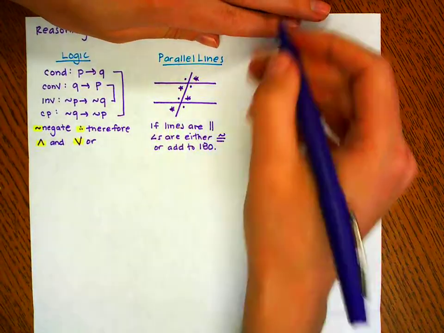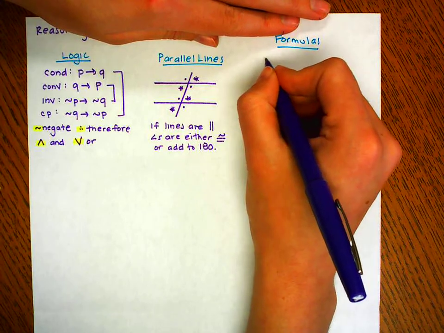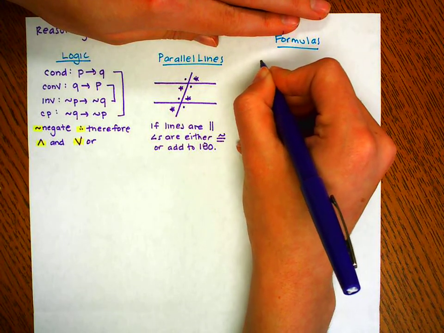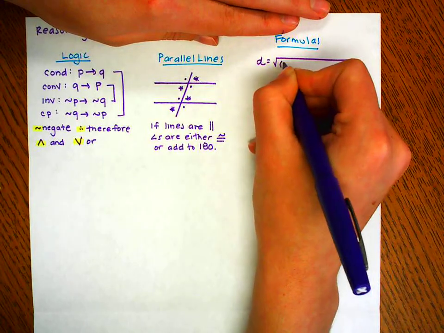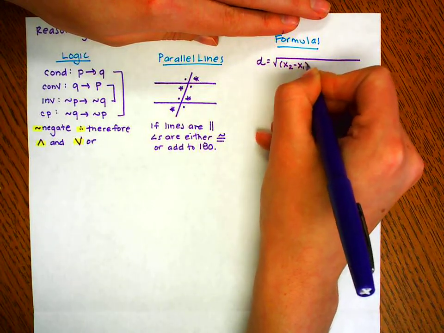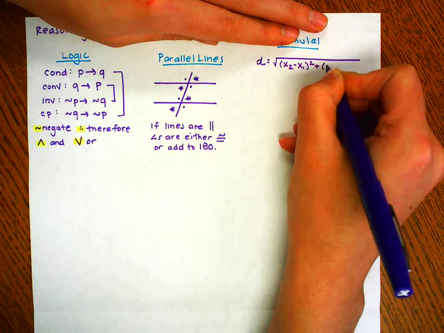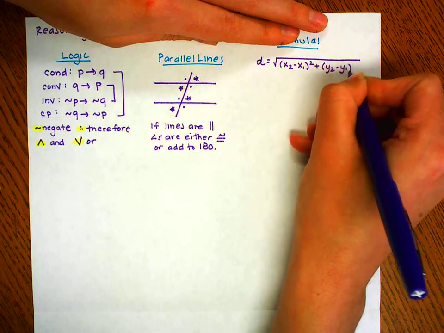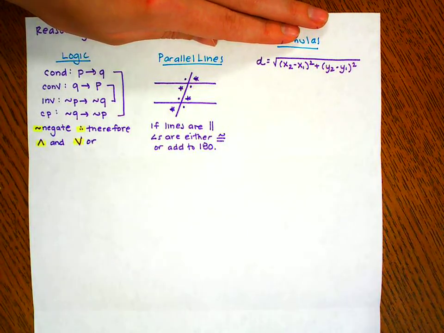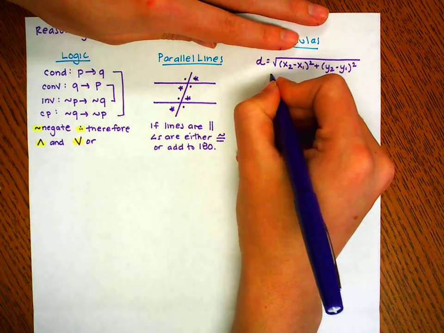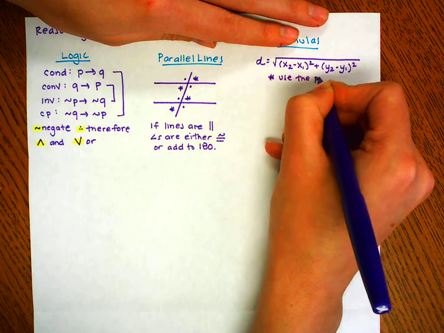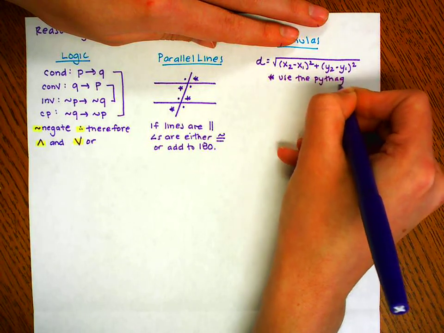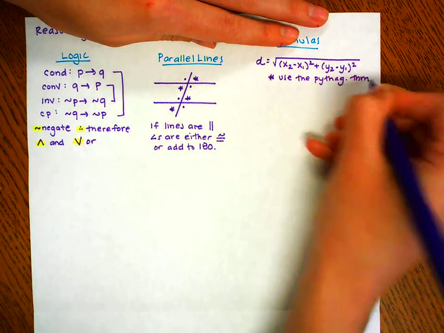Okay? Here are our formulas. The first big one that we see is the distance formula, which is the change in the x's squared plus the change in the y's squared. Now remember, we talked about this in class, but a lot of times we can just use the Pythagorean theorem instead.